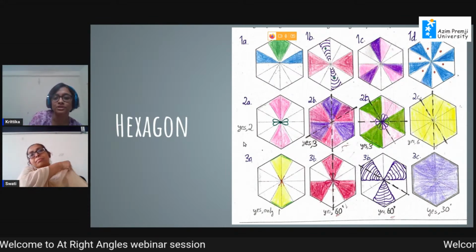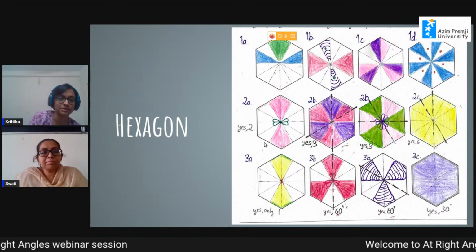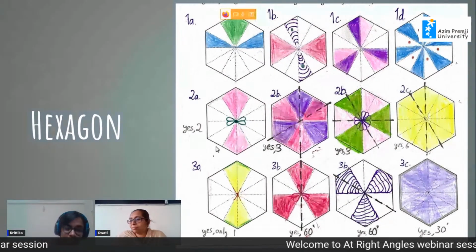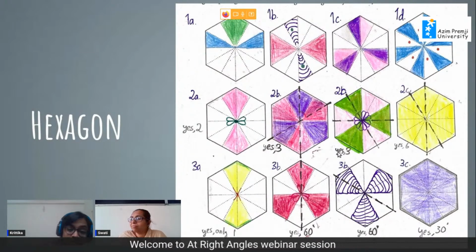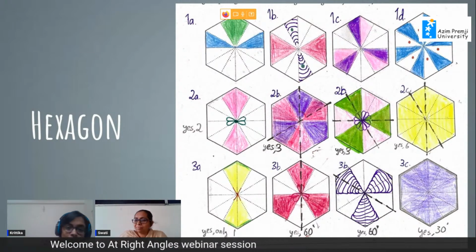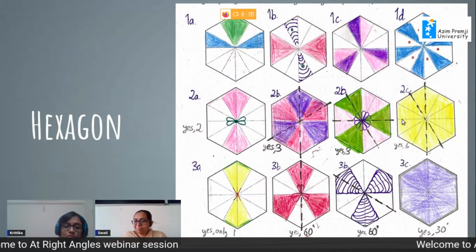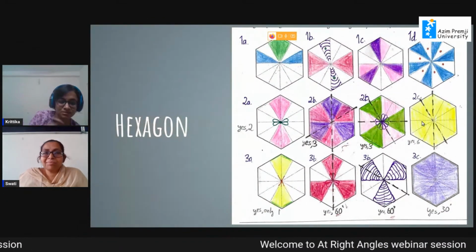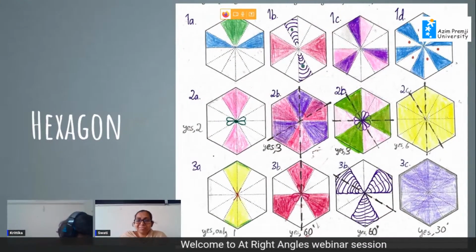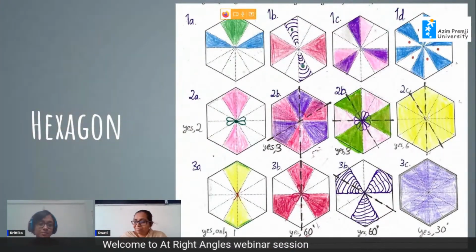And these have some questions below them. So, for example, in the second row, the questions were: does the colored hexagon have rotational symmetry? What is the order? Because this second row is only talking about multiple lines of symmetry, but the following question was if there was any rotational symmetry.